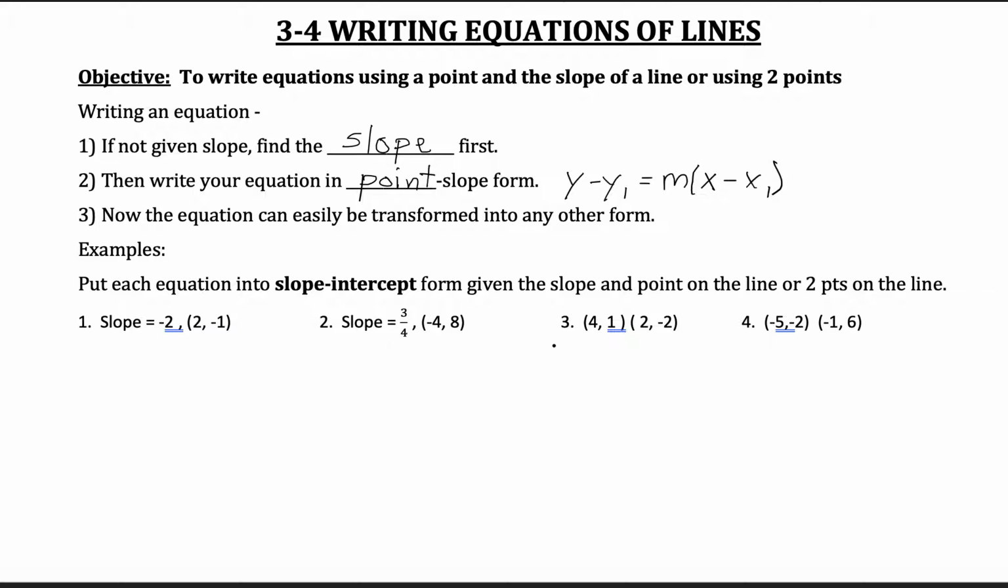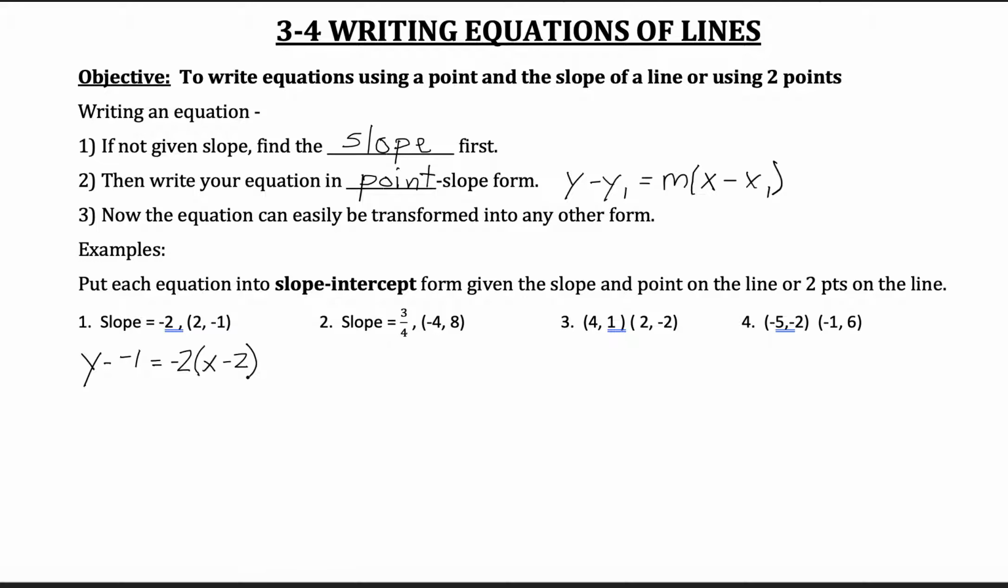So we're going to use y minus, and here's our y1, so minus negative 1, equals m, or our slope, which is negative 2, then parentheses, don't forget those parentheses, x minus x1, which is 2.